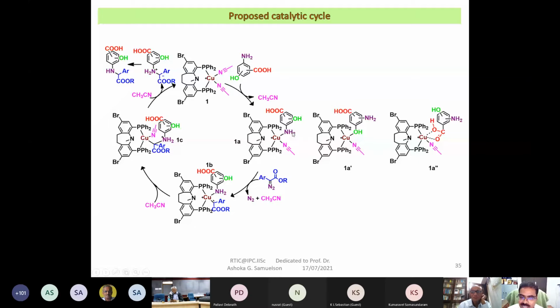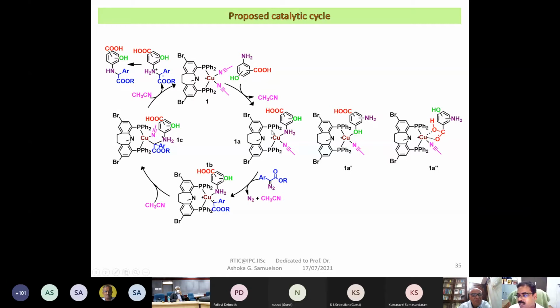That means amine coordination is preferred over OH as well as COOH coordination. After getting this 1A, when you add a diazo compound, it can form a carbene, and then it can undergo nucleophilic addition and get this type of system, and finally you get your expected product here and regenerate the catalyst.